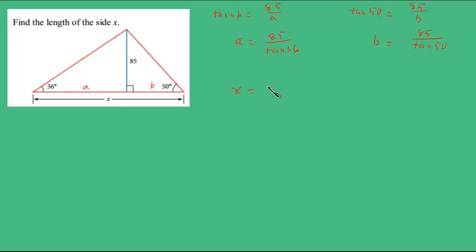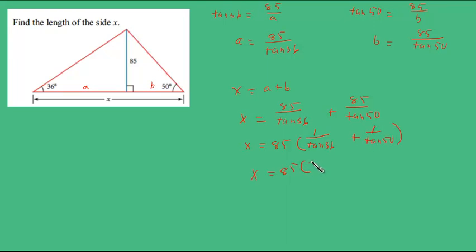X is A plus B, so X is 85 over the tangent of 36 plus 85 over the tangent of 50. We can take out the common factor 85, and this becomes 85 times what? 1 over the tangent of 36 plus 1 over the tangent of 50.